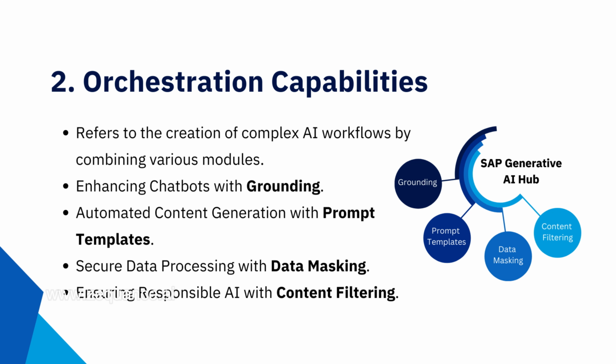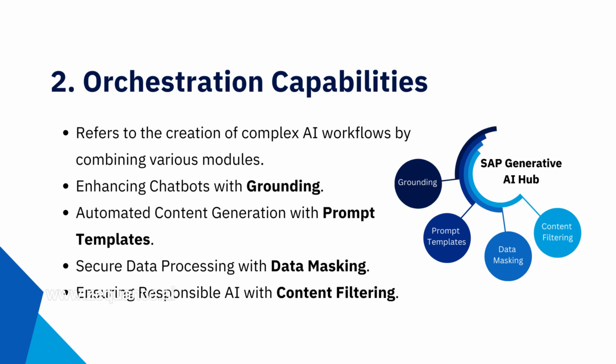Ensuring responsible AI with content filtering. When using AI to generate content for public-facing platforms, it is essential to ensure that the output is free from bias, offensive language, or harmful content. The content filtering module in SAP Generative AI Hub can be used to automatically filter out unwanted content from both input and output.